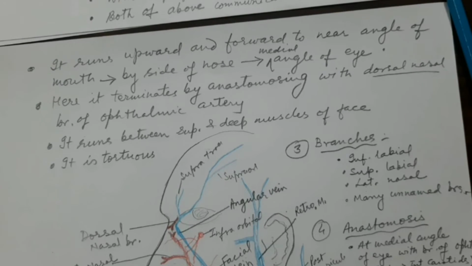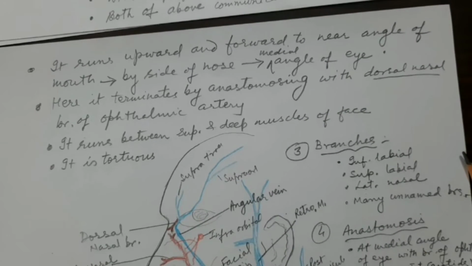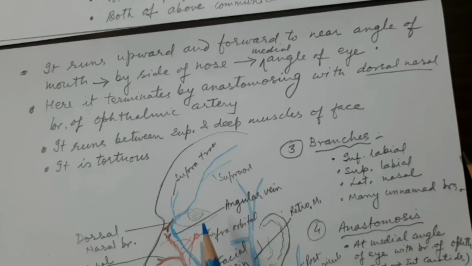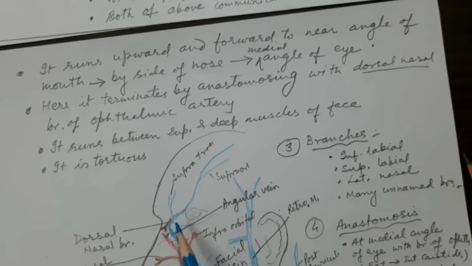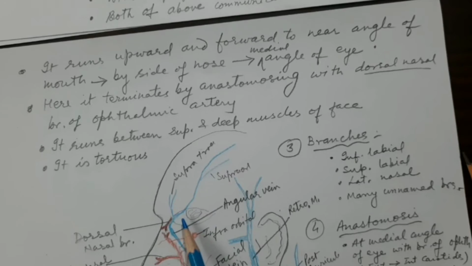These communications are like this: the superior ophthalmic vein is joined through the supraorbital vein. It is joined through the supraorbital vein to the superior ophthalmic vein.